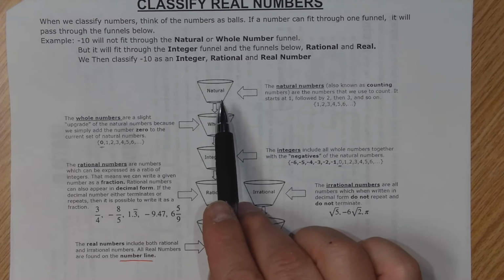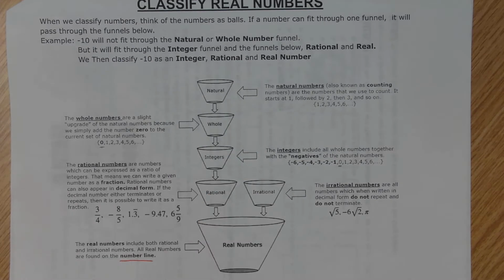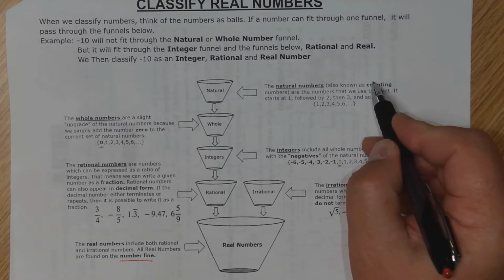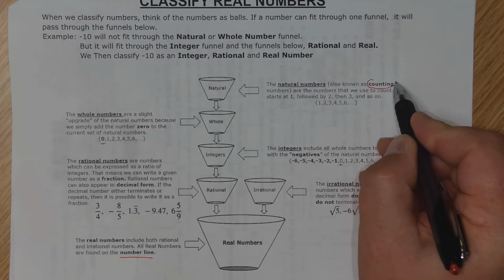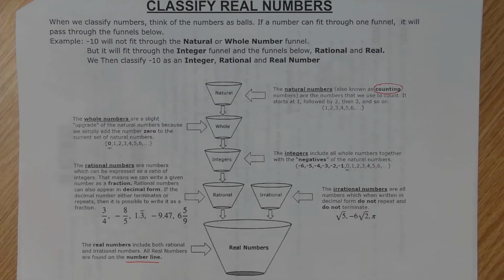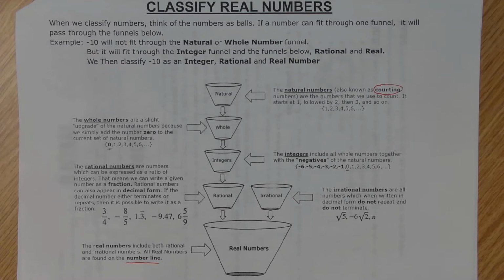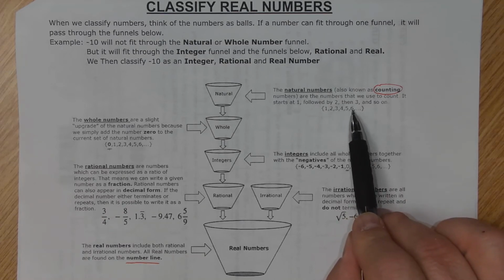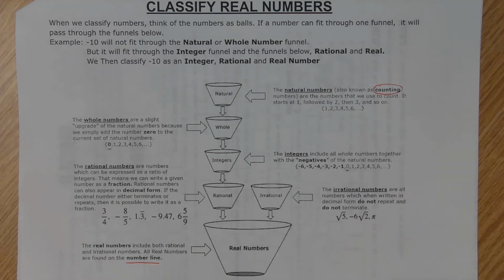So what numbers can fit in the natural? When we say natural numbers, we call them counting numbers. Look around where you're at. If you're in your room, look at whatever you have lying in your room, and you can start counting things. We count using 1, 2, 3, 4, 5, 6, 7, 8, 9, and we keep going up.